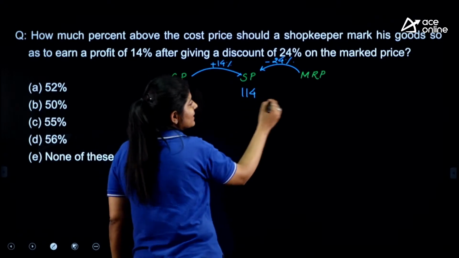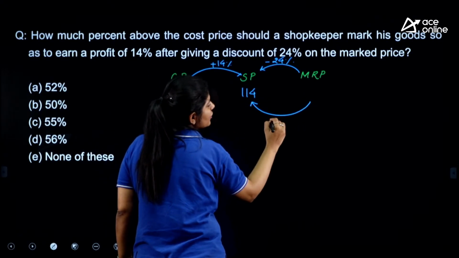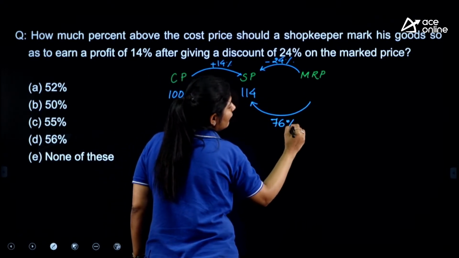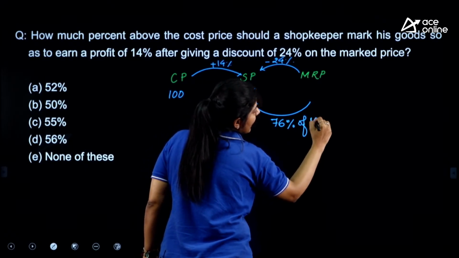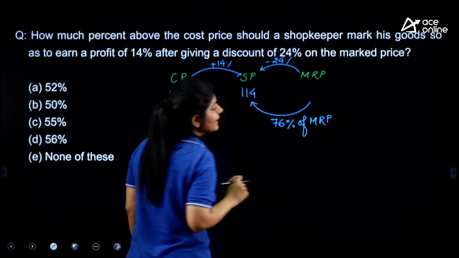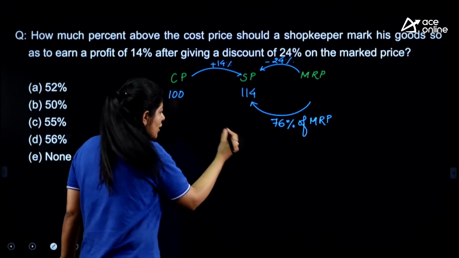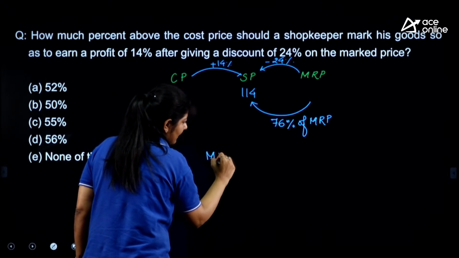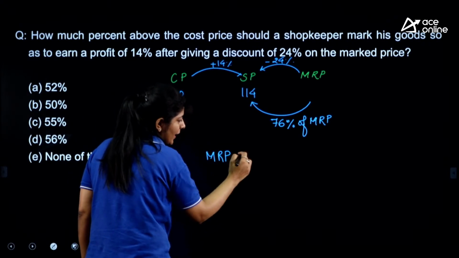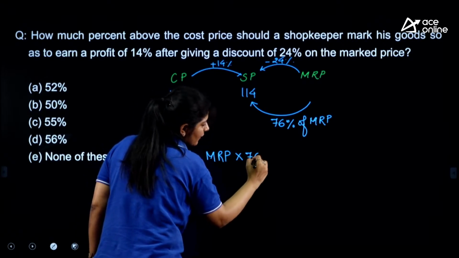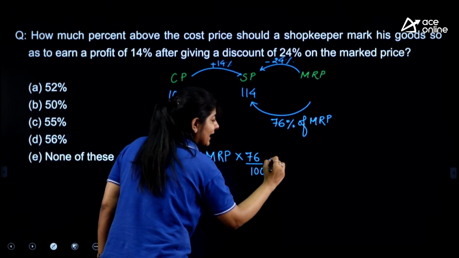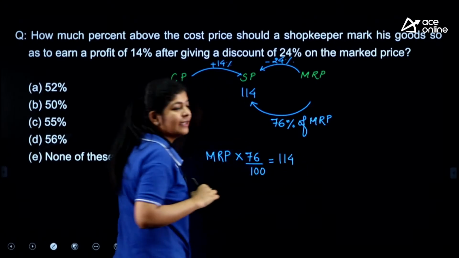That means I am selling this at 76% of MRP. So we can just assume that the MRP is nothing but this one, and we are selling at 76% of it, and after that we are selling it at 114.